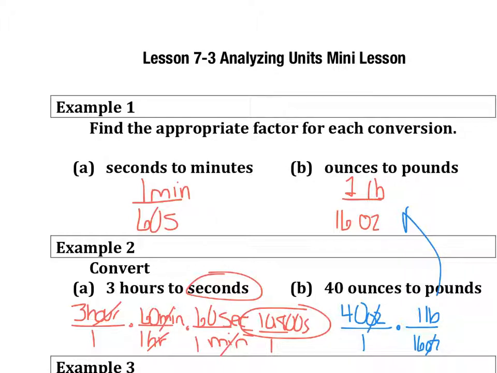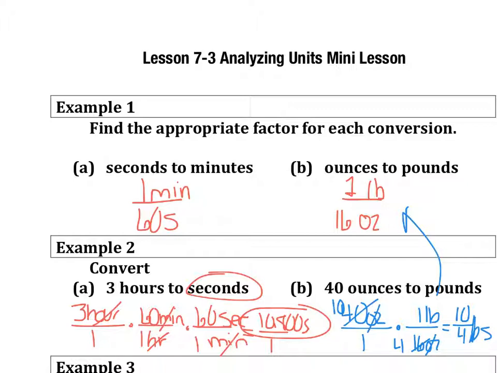And then I'm going to multiply across. You could actually cross-simplify the numbers too if you wanted to. Let's try that for this one. So 4 goes into 40 10 times, and it goes into 16 4 times, which then when we multiply across would give us 10 over 4 pounds.